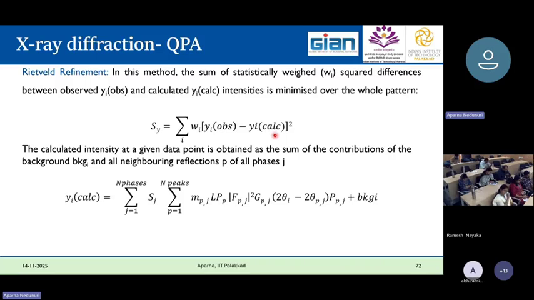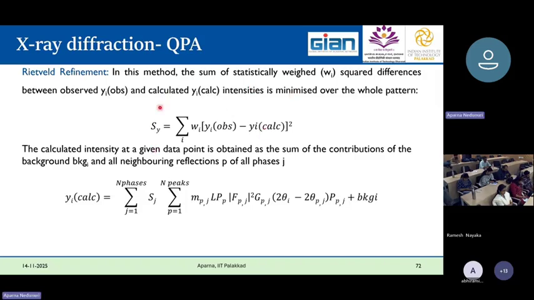Now, if you guess that there may be a possibility that Portlandite is present, and you load the Portlandite peaks into that file, it will take the intensities of Portlandite. It will try to minimize the difference between your observed and the calculated one.